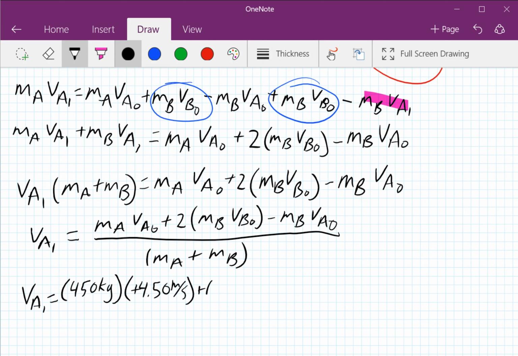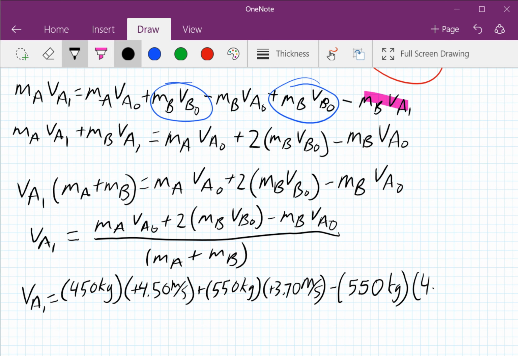Then you're going to add 550 kilograms plus 3.70 meters per second minus 550 kilograms, and it was 4.5 for the, whoops, I should write positive, plus 4.5 meters per second.